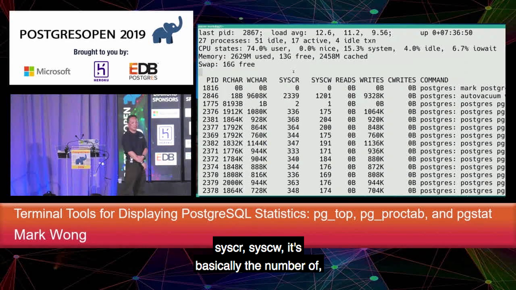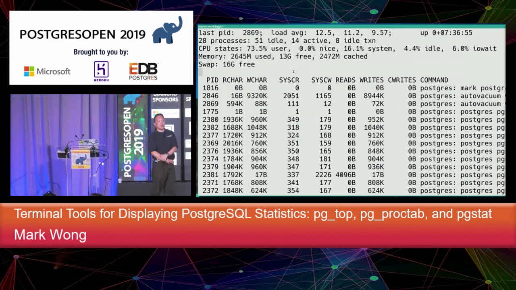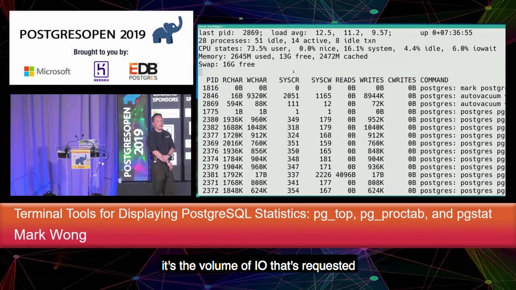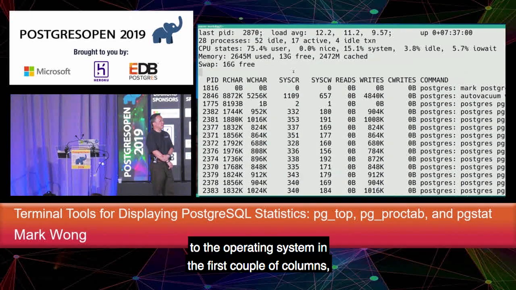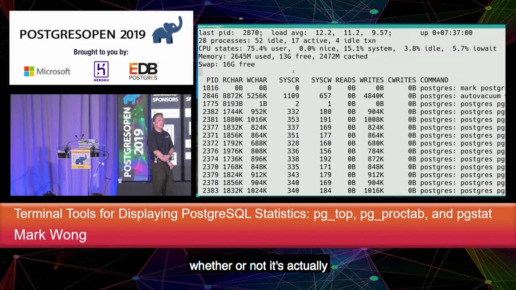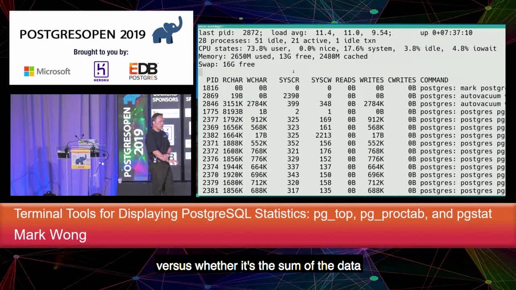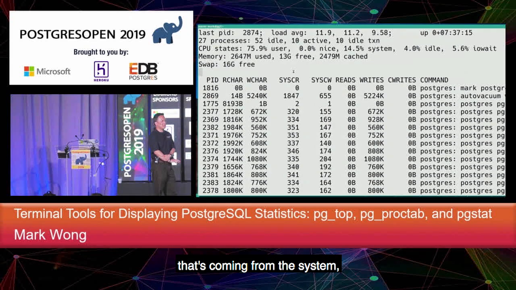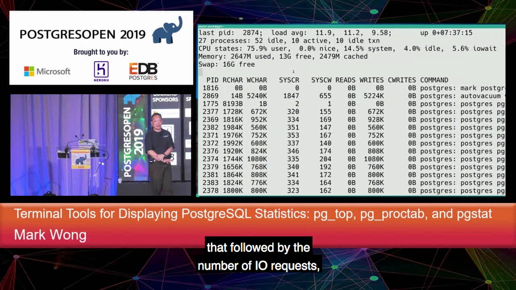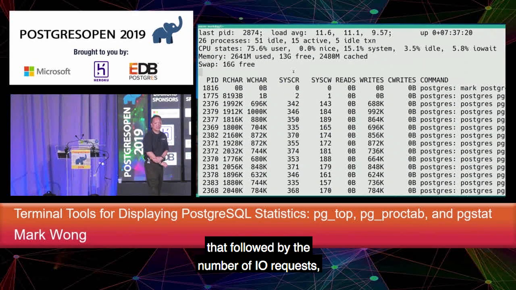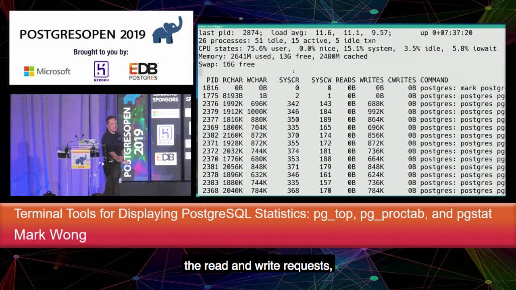It's basically, as it's reported here, the volume of I/O that's requested of the operating system in the first couple of columns, whether or not it's actually retrieved from the system cache; it's the sum of the data coming from the operating system file cache and storage, followed by the number of I/O requests, the read and write requests.